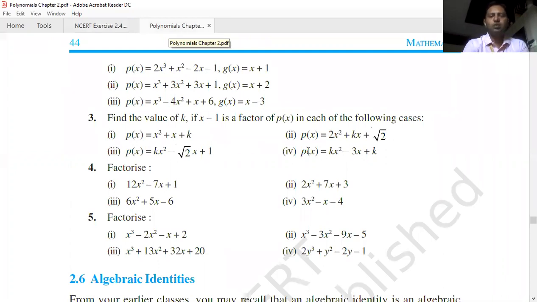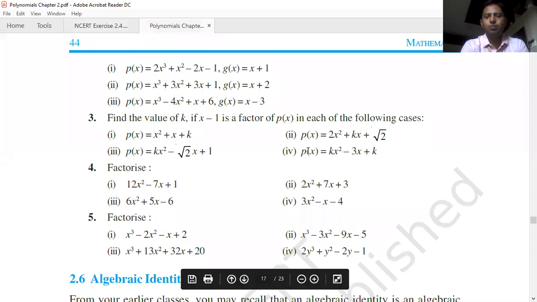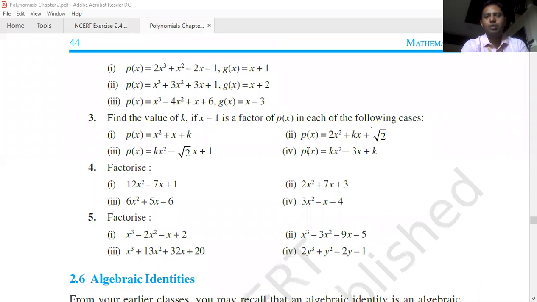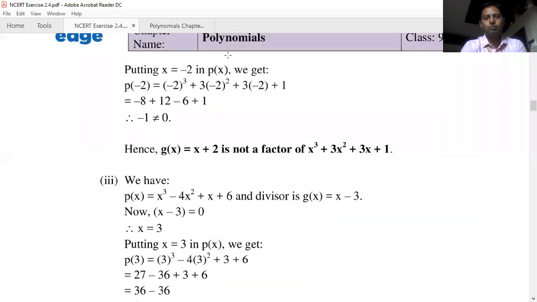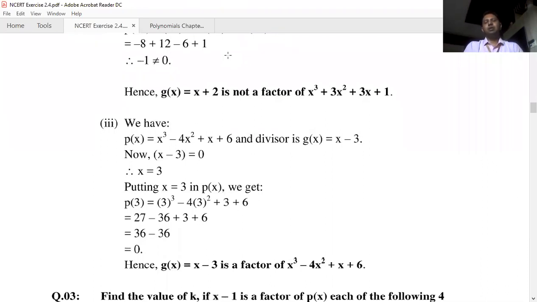When you substitute x equals 3 in the given polynomial, it will be 3 cube minus 4 into 3 square plus 3 plus 6. 3 square is 9, 9 fours are 36 with negative sign, and 3 cube is 27.